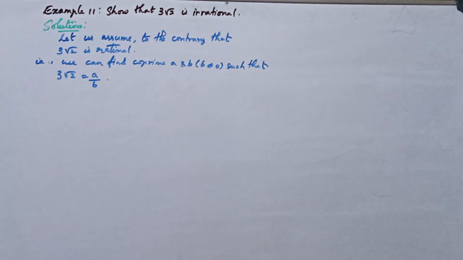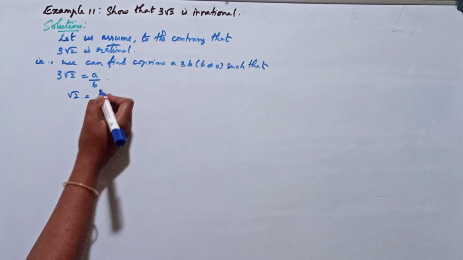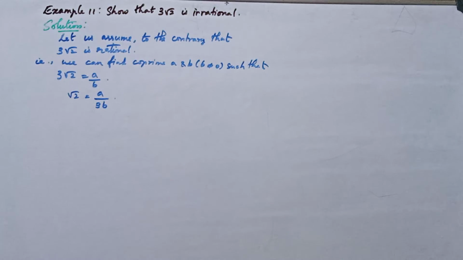Now from this you need to rearrange so that you get square root of 2. So square root of 2 is equal to a by 3b. You will get it like this.